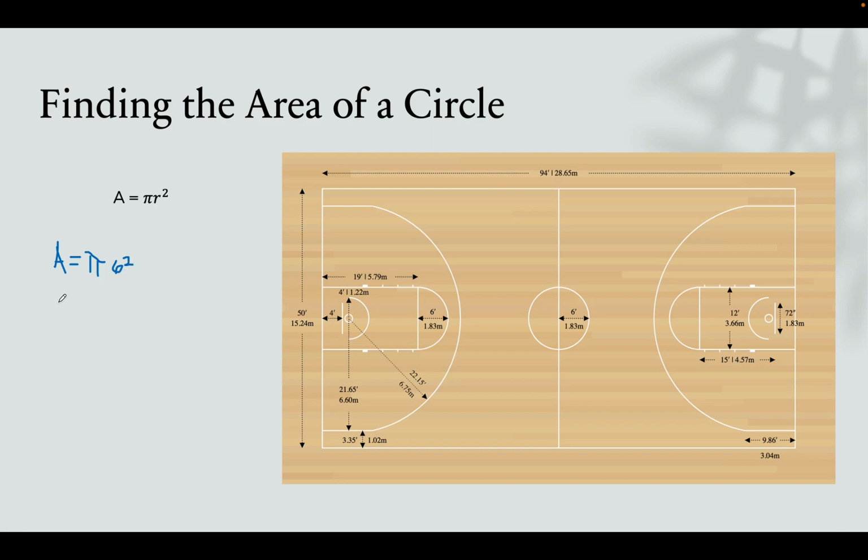So when I'm leaving my answer in terms of pi, my answer will be area equals 36 pi. Makes sense? There's the answer. Ta-da! All right, let's move on to the next problem. It'll be interesting to leave your answers in terms of pi. You won't have to do quite as much work to write down the answers.